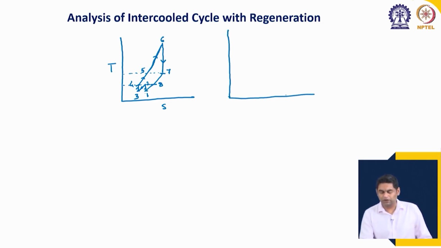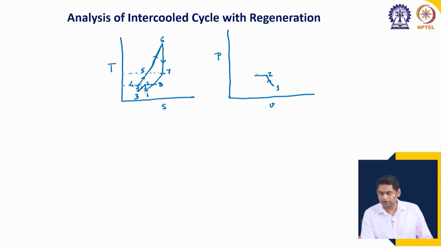draw accordingly. So, 1 to 2 is an isentropic process. So, isentropic compression, which means that the volume will get reduced in the PV diagram and pressure is increased. Okay. So, it goes from 1 to 2 like this. Then a constant pressure heat removal in the intercooler. So, the pressure remains constant.